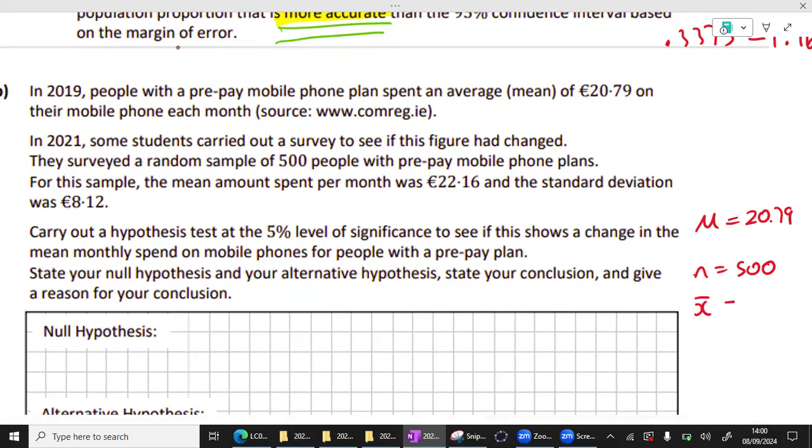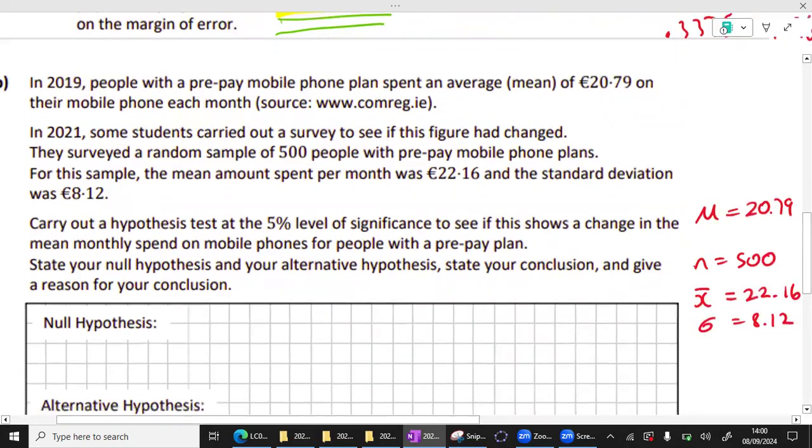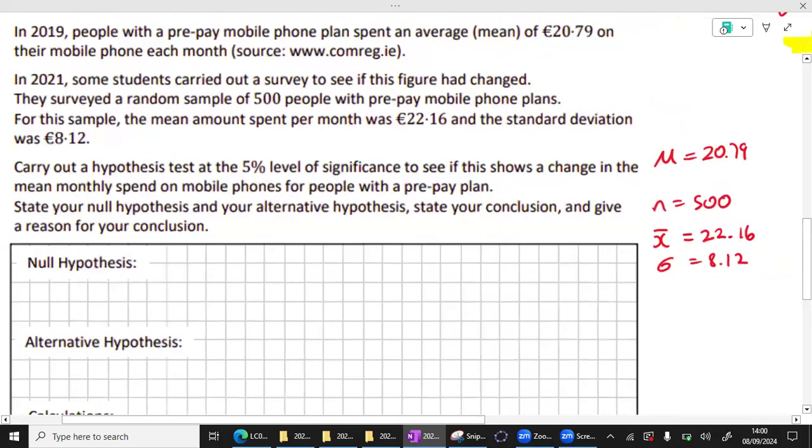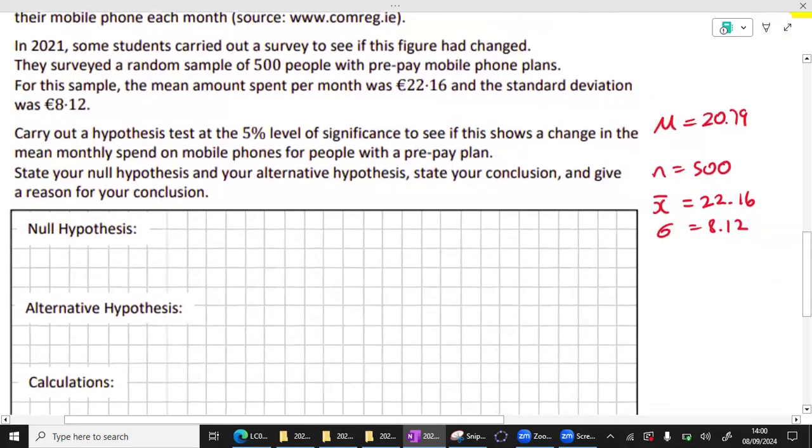So x bar was 22.16 and the standard deviation was 8.12. Carry out a hypothesis test at a 5% level of significance to see if the mean monthly spend on mobile phones with the prepaid plan has changed.